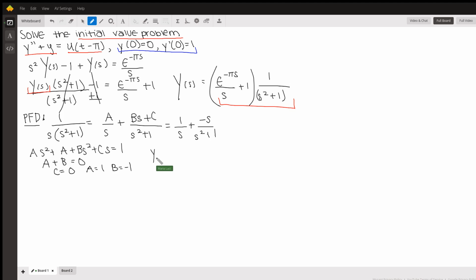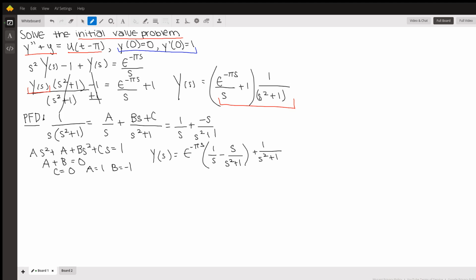And so we have Y of s equals e to the negative pi s times 1 over s minus s over s squared plus 1, plus 1 over s squared plus 1.